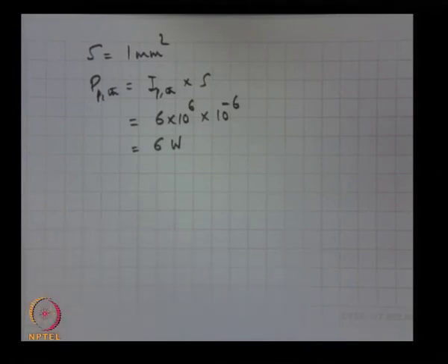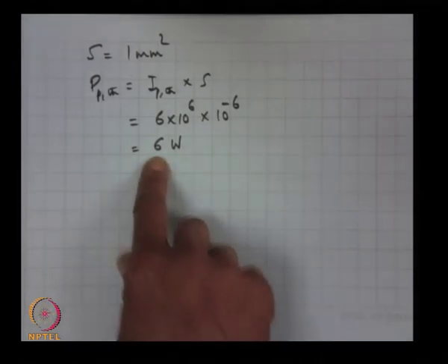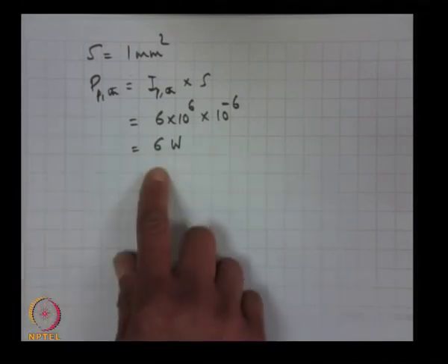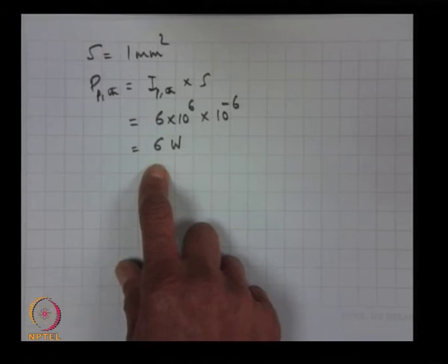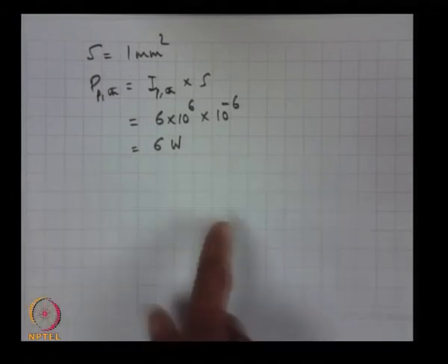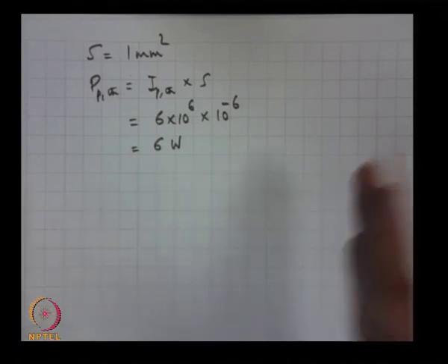That's what I said, between 6 and 8, 6 and 10. It's of the order of about 10 watt of power is required for the oscillator to start. And if your pump power is less than 6 watts, in this example, the oscillator will not start because there is not enough gain provided by the crystal for overcoming the loss in the cavity, which is because of here finite reflectivity of the mirrors.